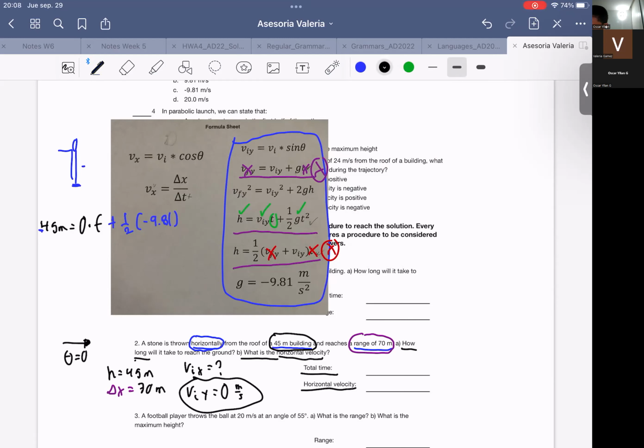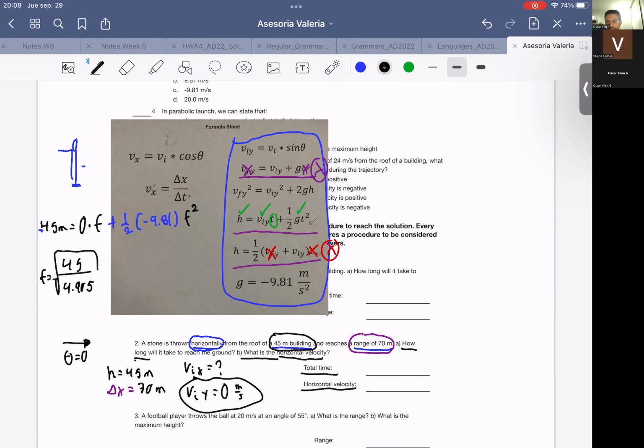So basically, kind of the same, we are going to divide 45 by minus 4.905, and then we are going to get the square root. Okay, basically we do that.